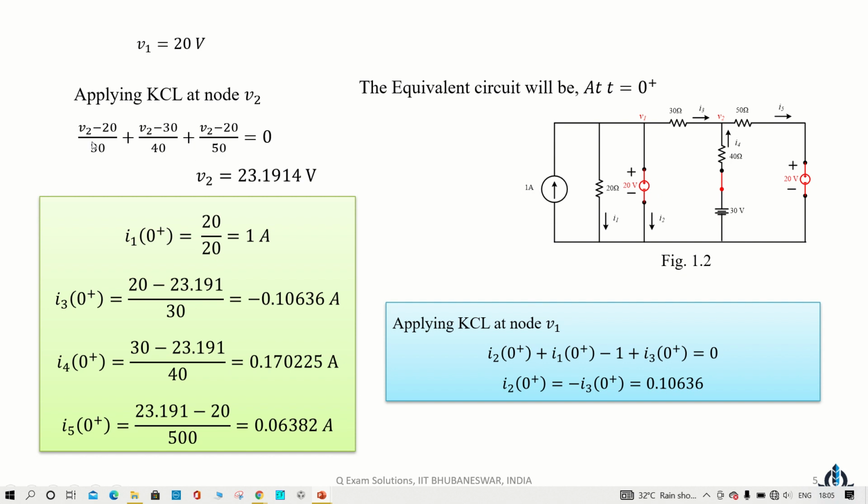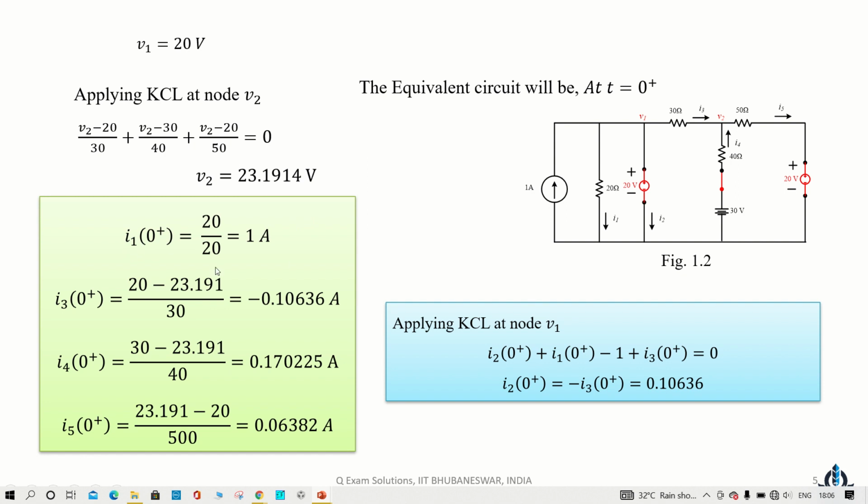So apply simple KCL at node 2, V1 by 20 and here V1 minus V2 by 30. After applying simple KCL, you get V2 equal to 23.1914 volt.